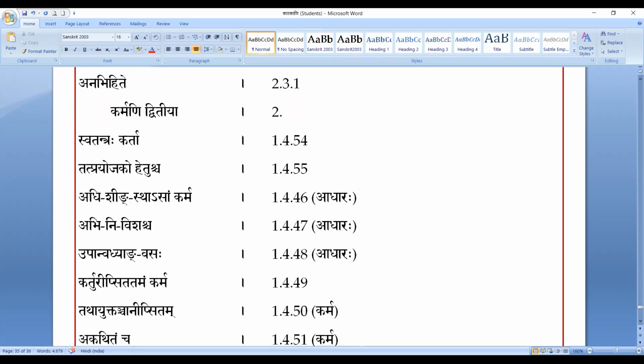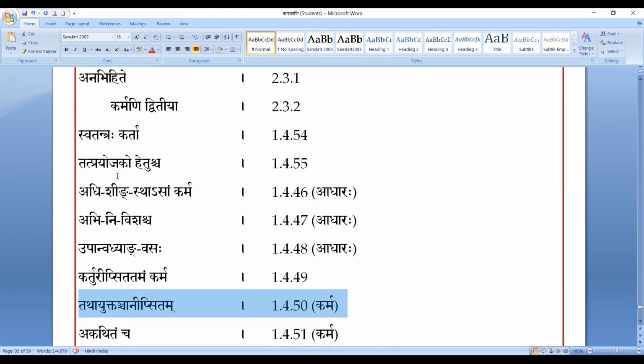Anabhihita Karma would be Dvitiya Vibhakti: the Karma which is not indicated, not denoted, would get Dvitiya Vibhakti. So the Vibhakti assignment is done in this Adhikara.